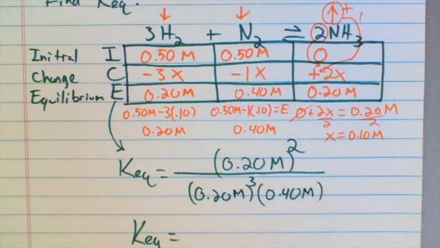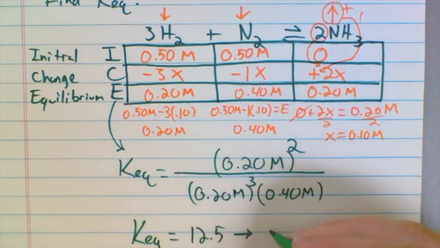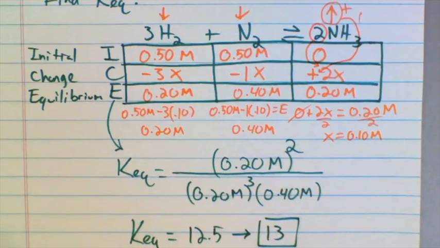And you guys get it? I got 2. This is good. We've got to figure this out so you're all set on Monday for these. 12.5? Yeah, so it's 12.5, and that's a 13 with 2 sig figs.